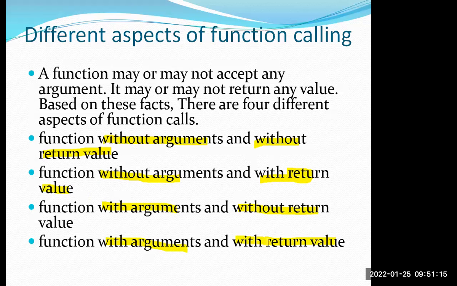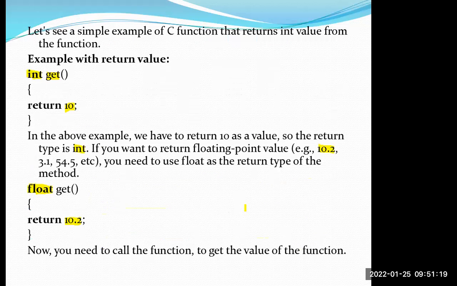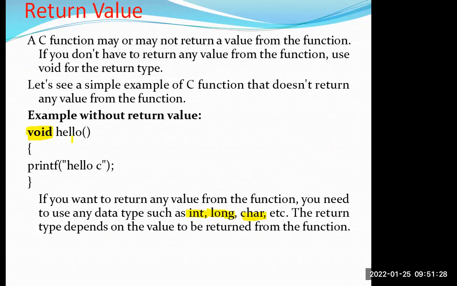In the previous example, there is no argument at all when you are passing, but it returns a value. In this example, it returns nothing. Void hello: there is no argument within the hello, and we are not returning any value.